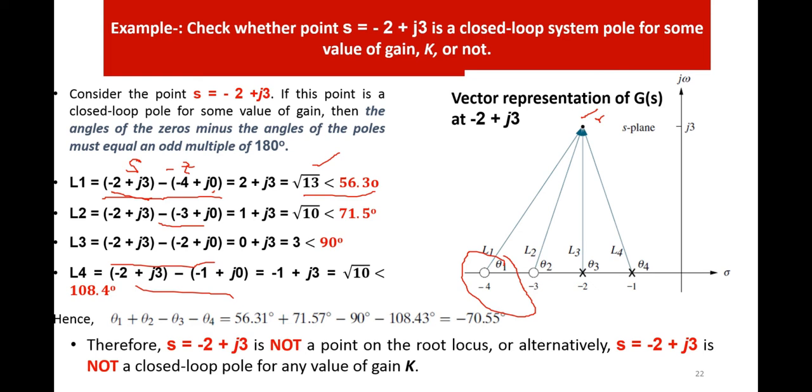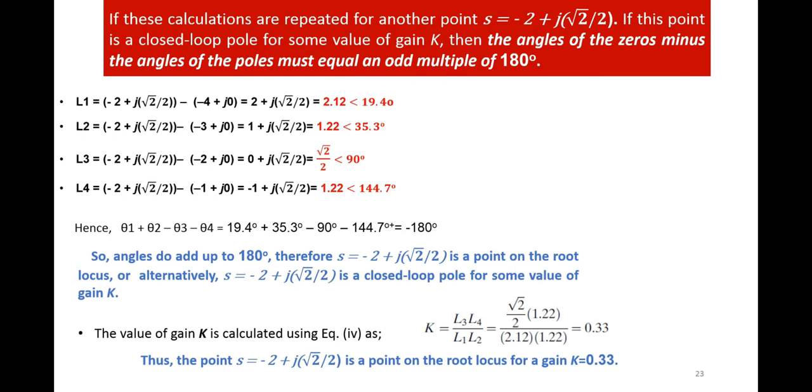And similarly we can take another example, another point, and we can find that this point lies on the root locus. If this is lying on the root locus, then we can find the value of k by taking the product of the lengths of the poles over the product of the lengths of the zeros.